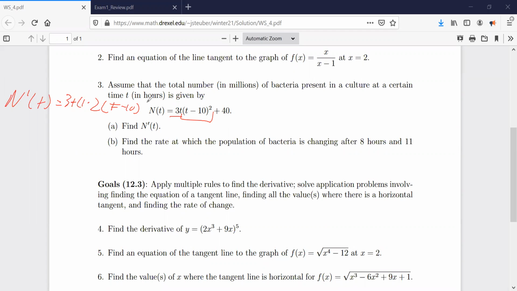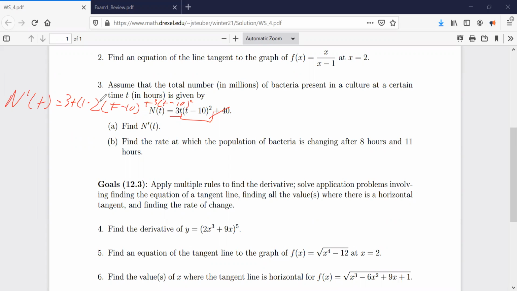And then plus the second times the derivative of the first. The derivative of the first is just 3, and then we have (t minus 10) squared, and then the 40 goes to 0. So that is basically how you're going to write this.